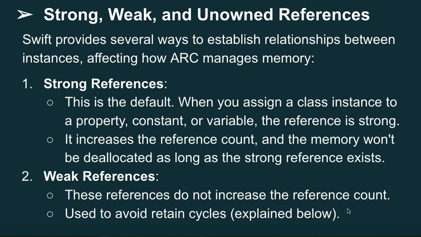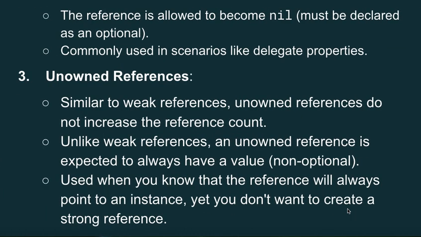Number two, weak references. These references do not increase the reference count and are used to avoid retain cycles, explained below. The reference is allowed to become nil, so it must be declared as an optional, commonly used in scenarios like delegate properties. Number three, unowned references.